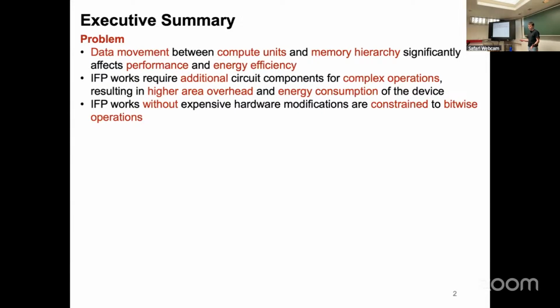We can solve this problem by doing in-flash processing. There are two ways to achieve it. The first idea is to add additional circuit components to support complex operations, which however results in higher area overhead and also increased energy consumption of the device.